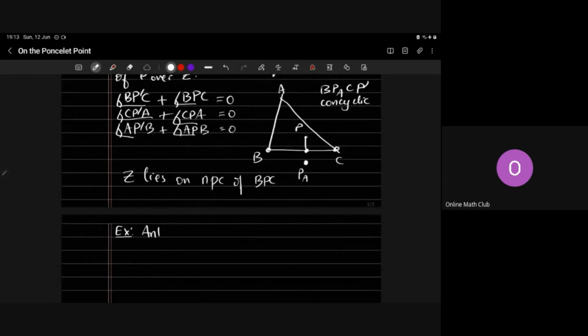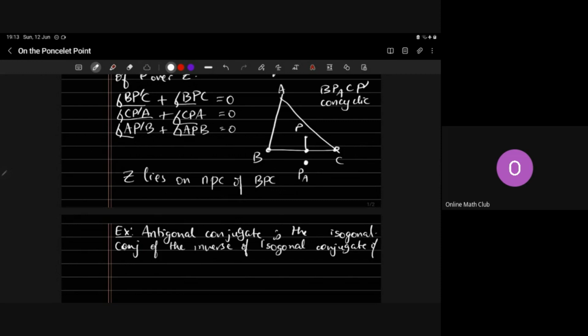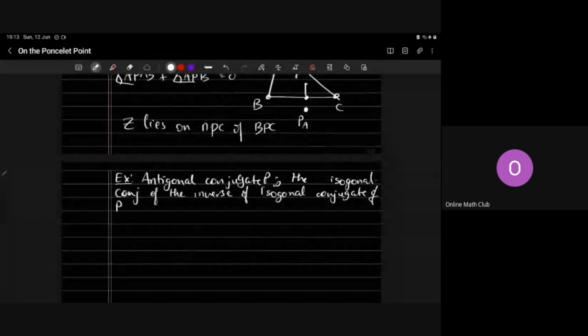The antigonal conjugate is the inverse of the isogonal conjugate of the inverse of the isogonal conjugate of P. So let's say P prime.